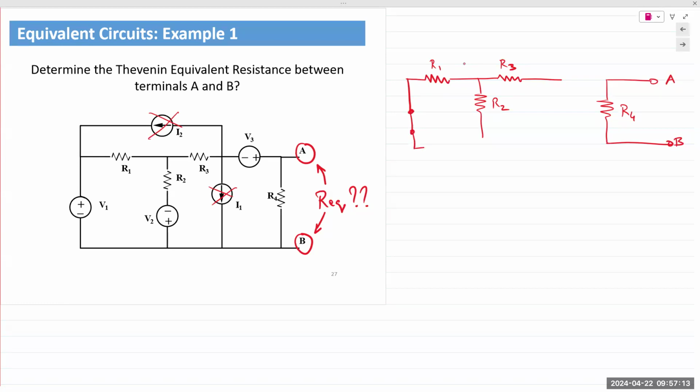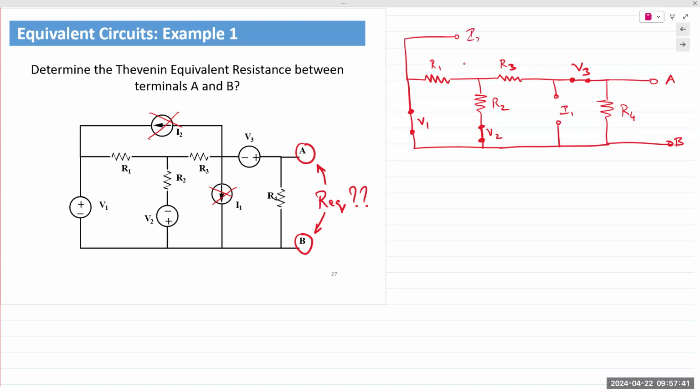Replace voltage source V1 with a wire. V2 is also replaced with a wire. And then let's see. V3 also replaced with a wire. This was where I1 was connected.